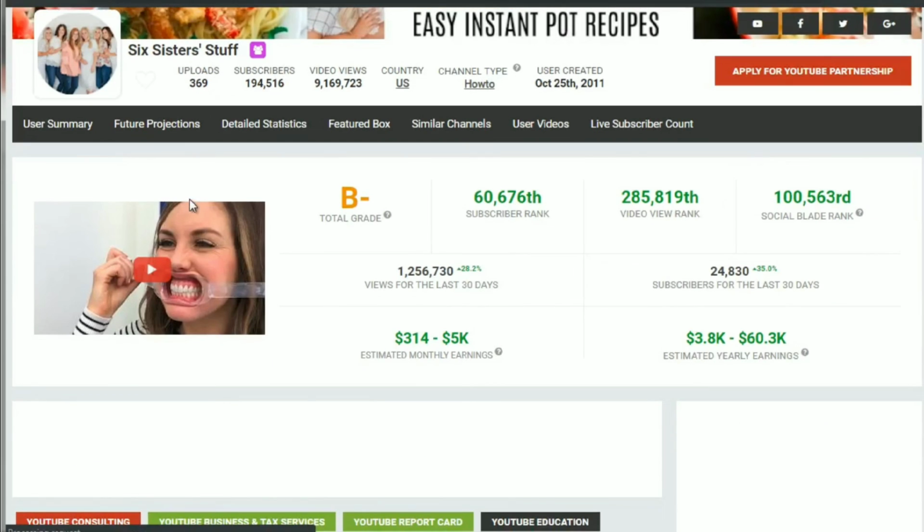So right off the bat, we can see that if we were to rank on the keyword Instant Pot, it's going to take a lot to break through. But the way we can break through is by using essentially subcategories of that keyword. So Instant Pot recipes or Instant Pot chicken recipe, stuff like that.